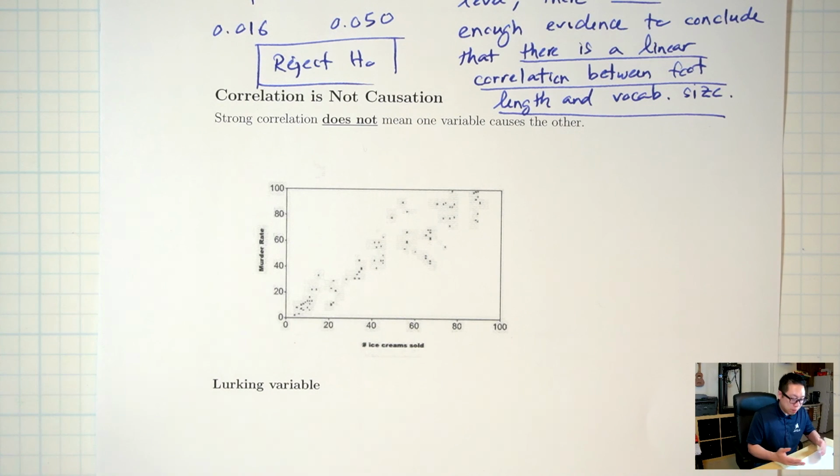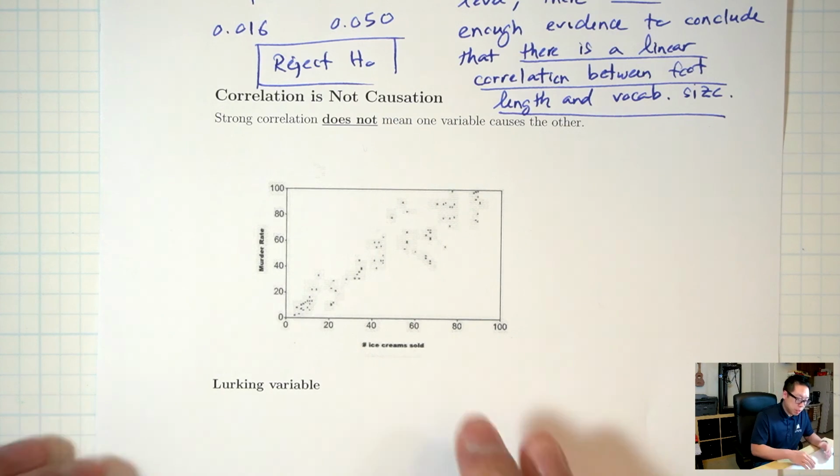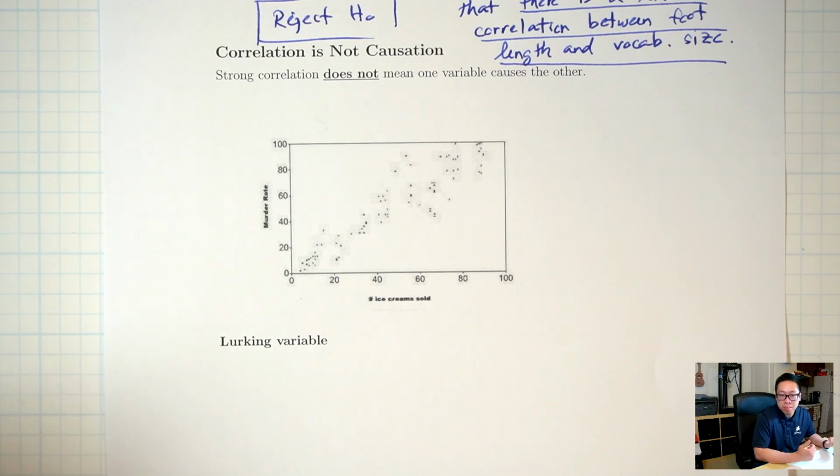So there's some lurking variable. There could be some other lurking variable that's a better explanation for what's going on here. And an example of a lurking variable that might be a better explanation would be, say, the weather outside. In warmer weather, there might be more crime, and in warmer weather, more ice cream might be sold. So a better explanation here, a lurking variable, could be the outside weather.